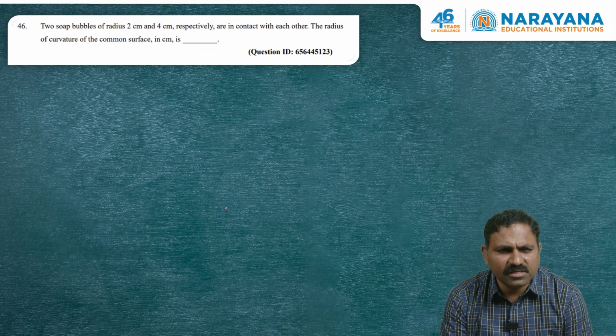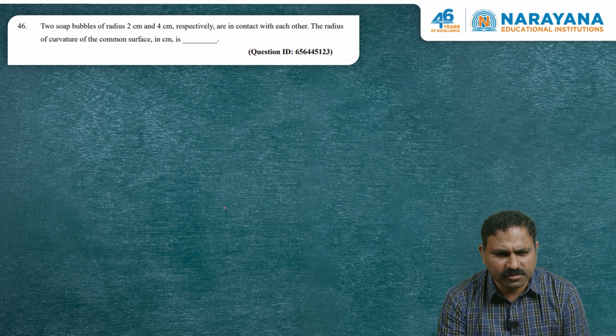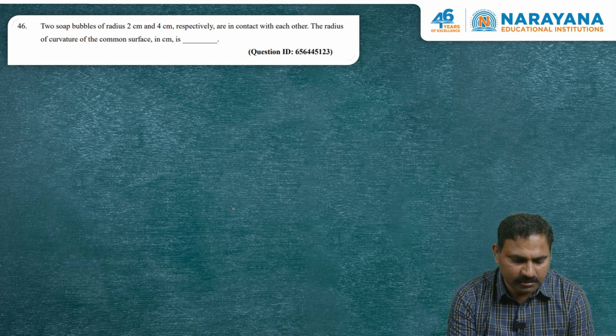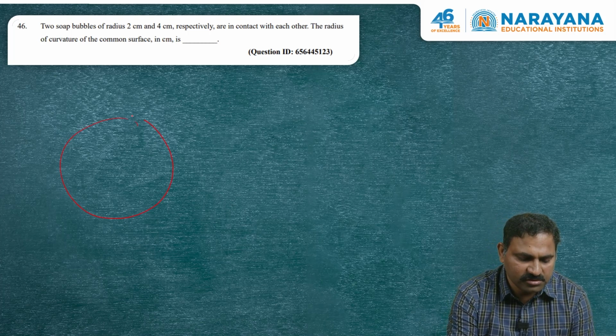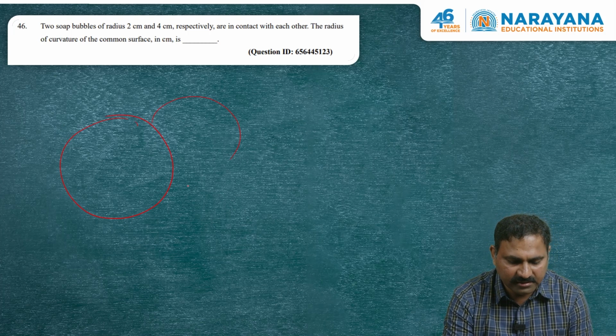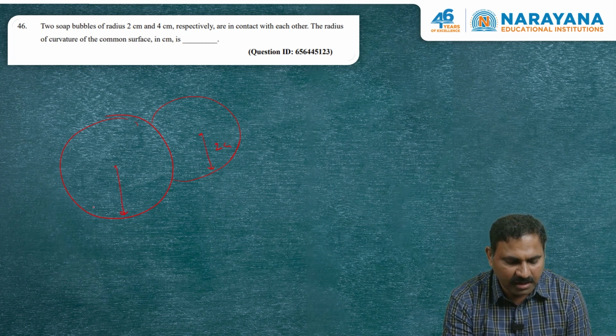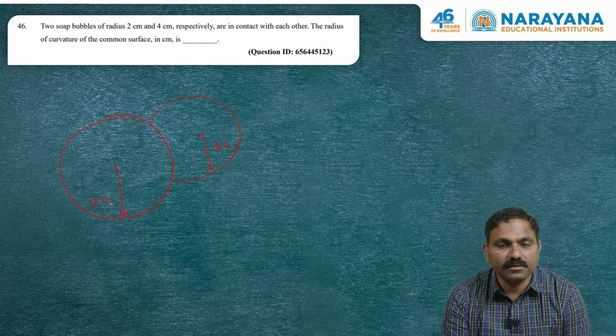Two soap bubbles of radius 2 centimeter and 4 centimeter respectively are in contact with each other. Radius of curvature of the common surface in centimeter? Suppose two soap bubbles are in contact with each other like this. Assuming this is of smaller radius 2 centimeter, and this is of the larger radius 4 centimeter.